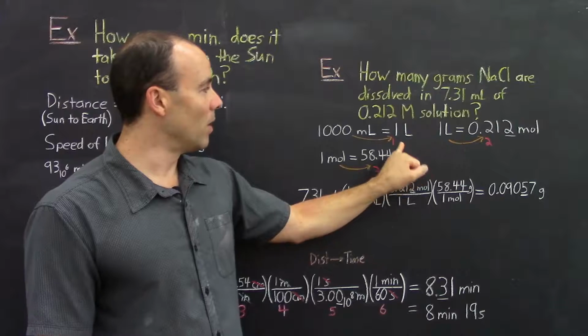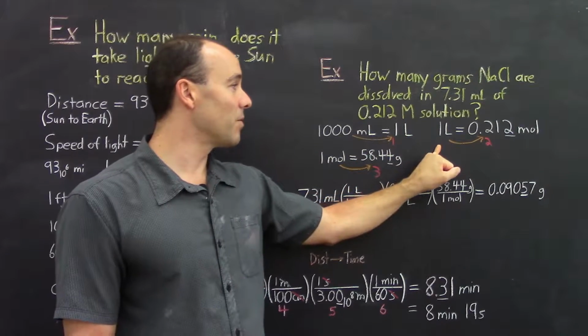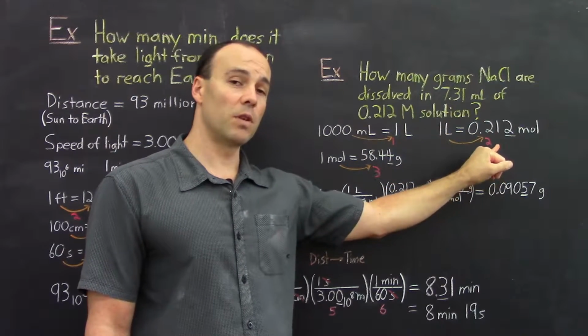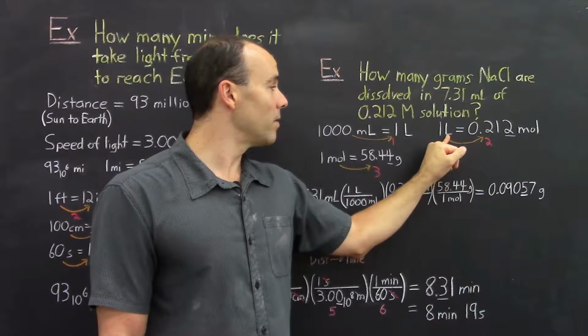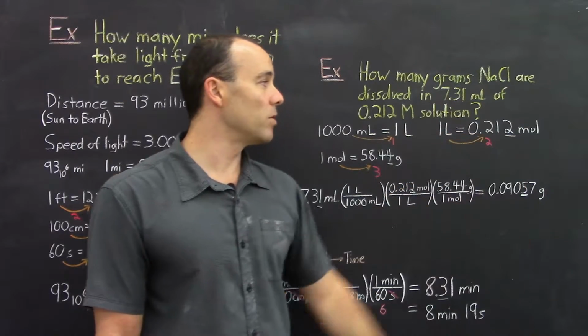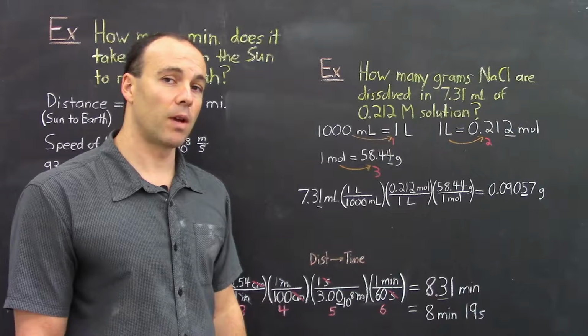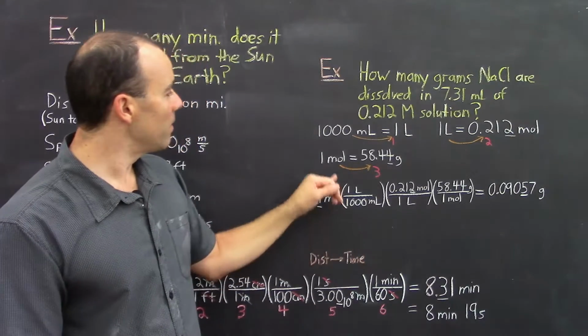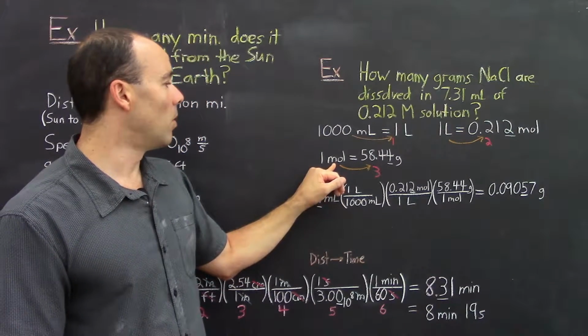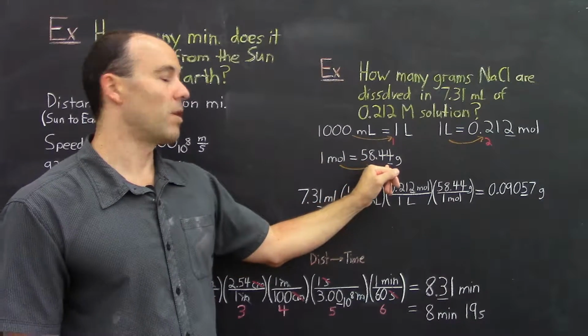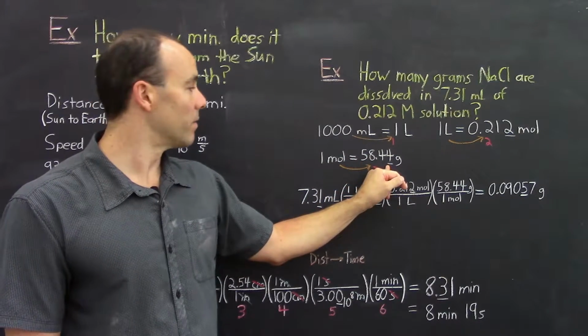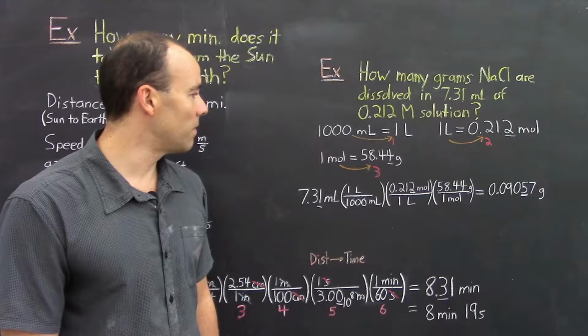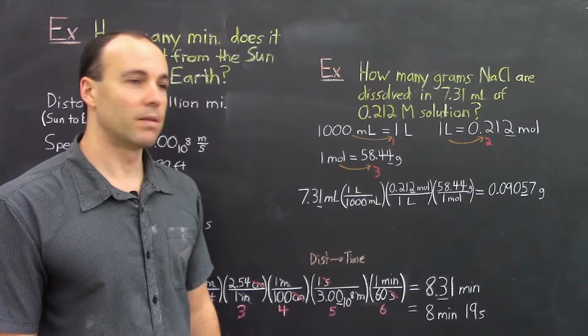And then using the molarity, we can convert from liters to moles of sodium chloride dissolved. 1 liter is the same thing as 0.212 moles of sodium chloride. And then finally, we can go from moles of sodium chloride to grams using the molar mass. For sodium chloride, 1 mole is 58.44 grams.